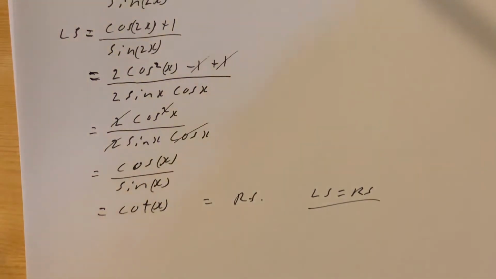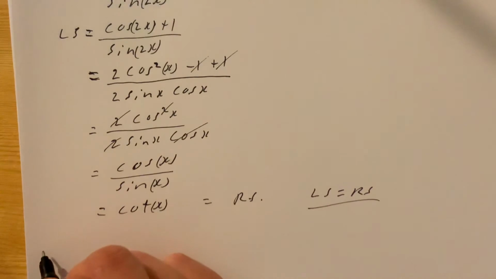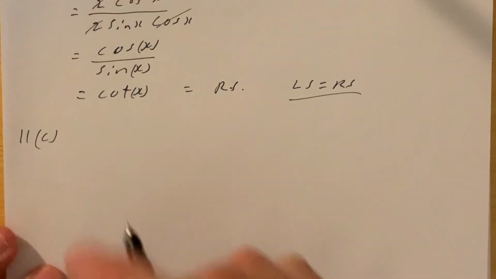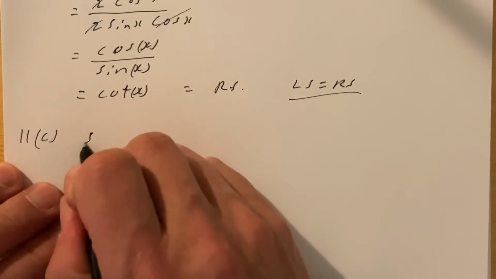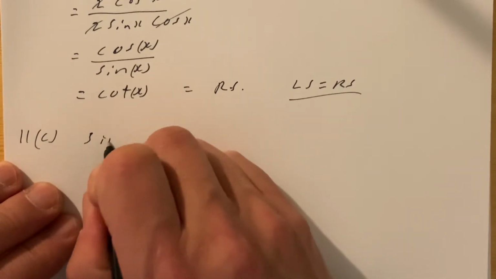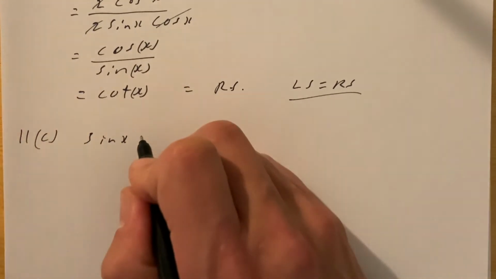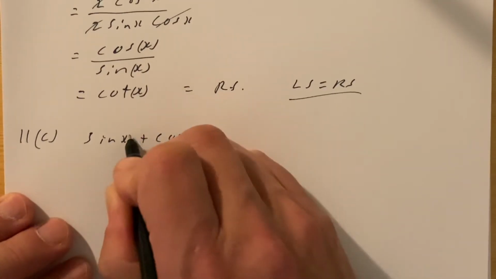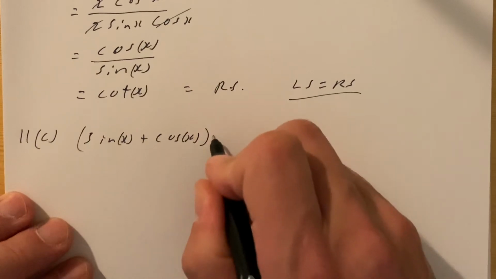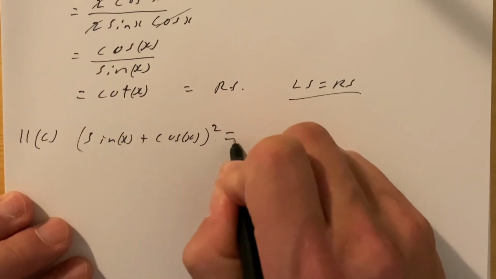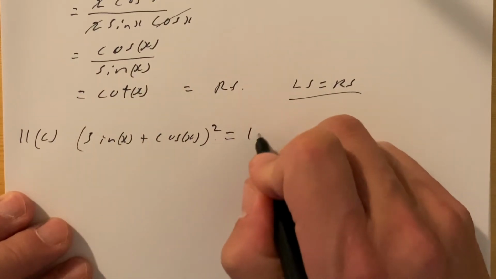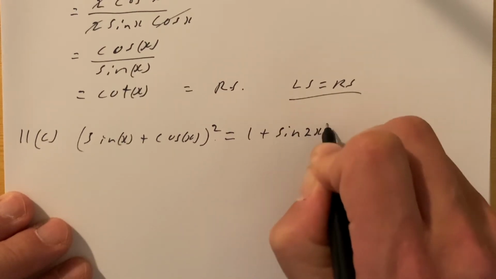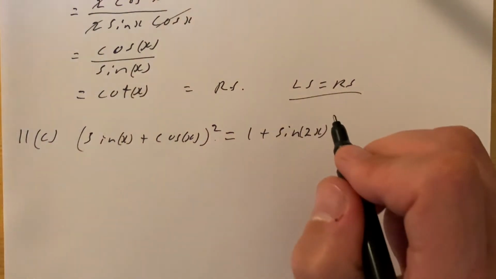Now let's take a look at 11c. Okay, so 11c, well, this one is sine x plus cos x all squared. I want to prove that that equals 1 plus sine 2x.